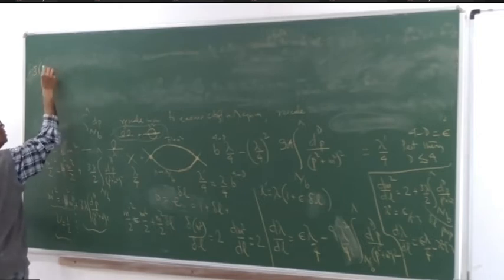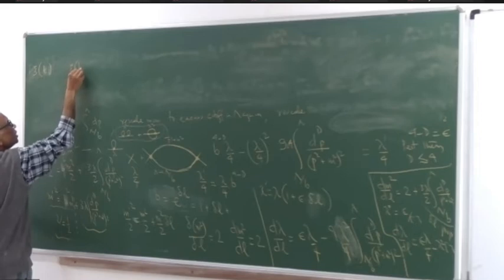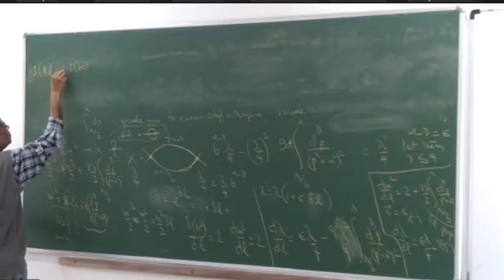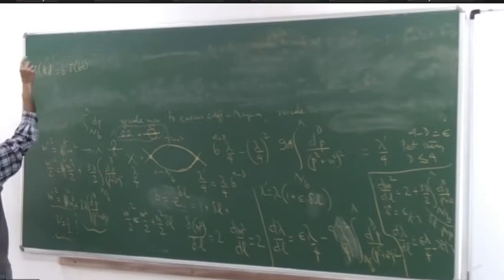So I take psi of t and then I make it b of t, and this psi of t, the original one, has to be bigger by a factor of b, right?